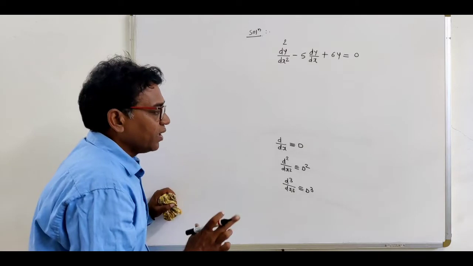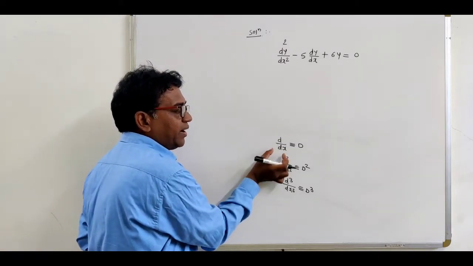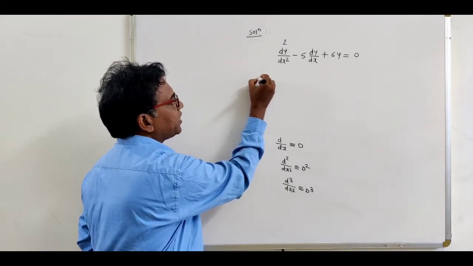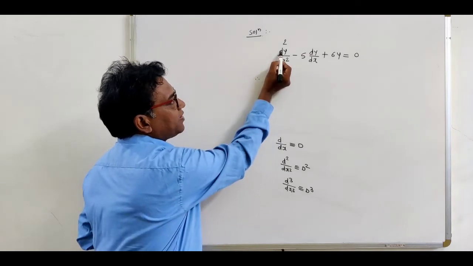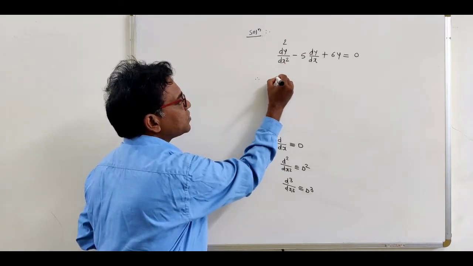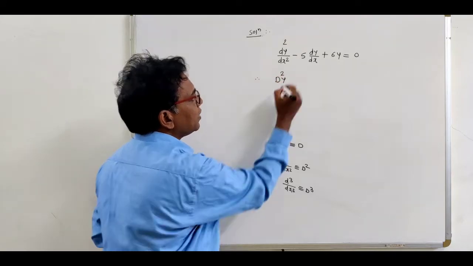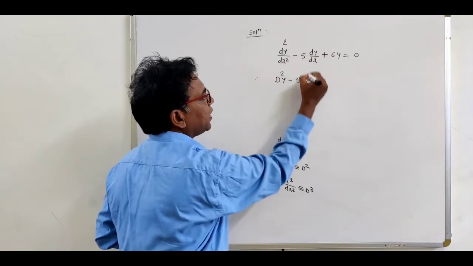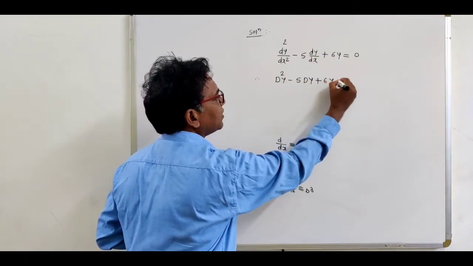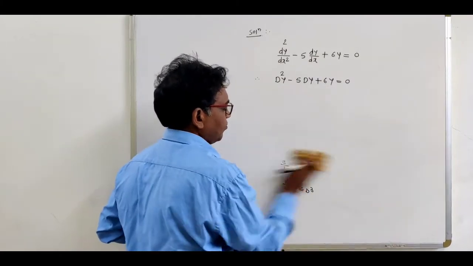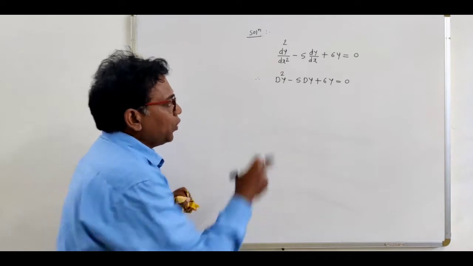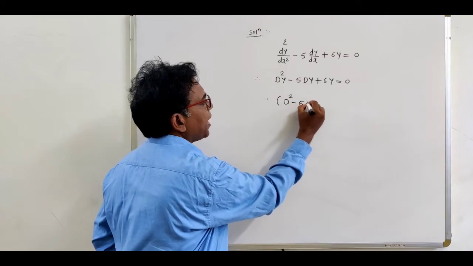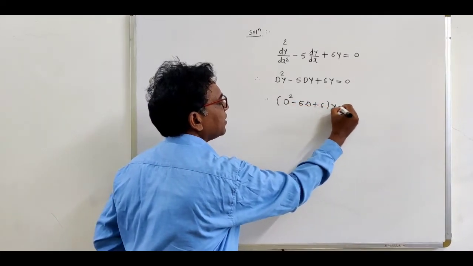So replace d by dx by capital D and simplify the equation. What we get is D2y minus 5Dy plus 6y equal to 0. Now take y common: D square minus 5D plus 6, into y, is equal to 0.